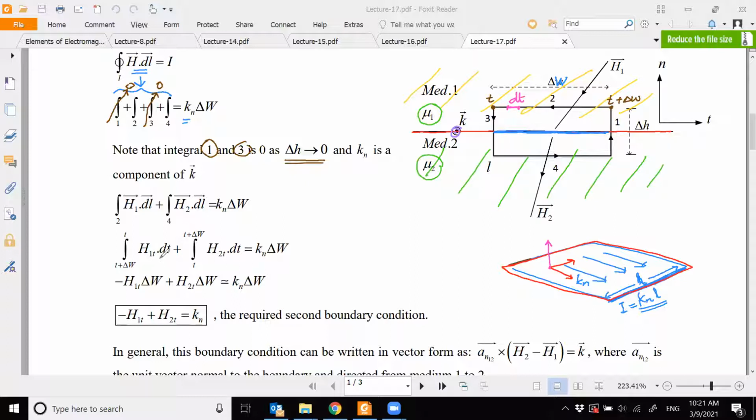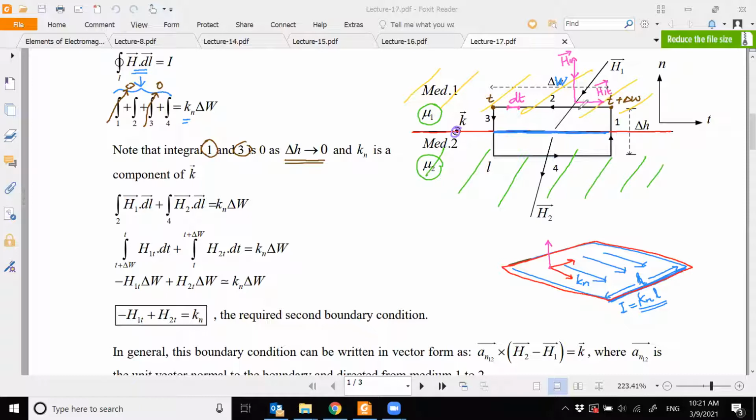Okay, so H1, I'm now changing it to H1 tangential because this H1 bar I can decompose into two, right? I can decompose into the normal component and the tangent component. So this was H1 normal and this is H1 tangent.